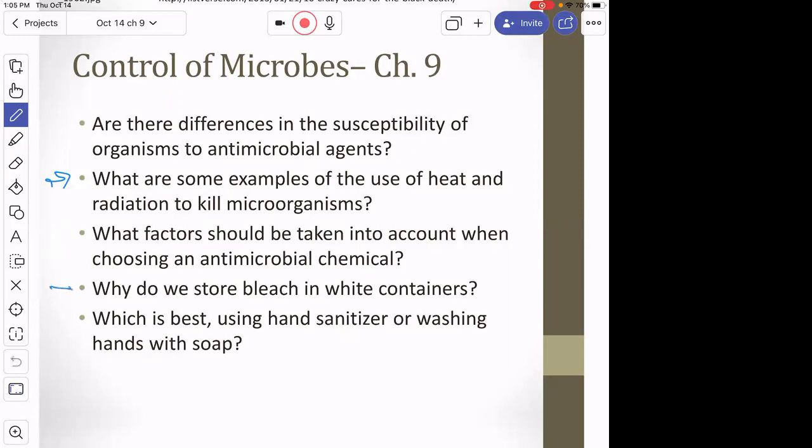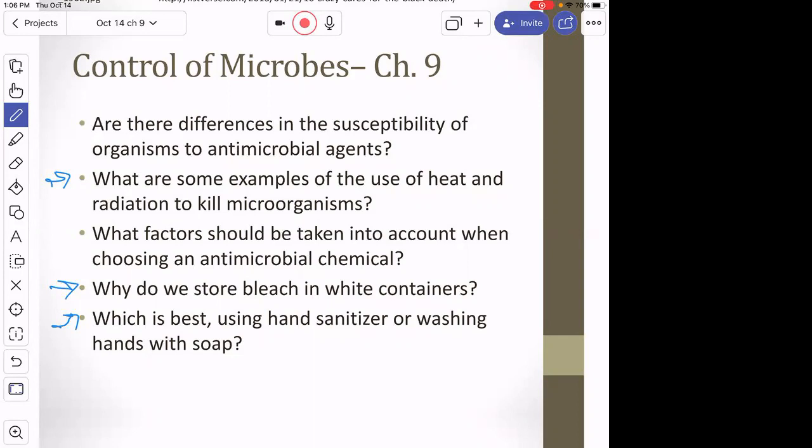And hopefully you'll learn some things even about cleaners that you've used for a long time, like why does bleach come in a white container. We're not going to go through how to wash your hands, but what are the advantages of hand washing versus using hand sanitizer? So hopefully things will be a little bit more familiar because they're terms that you've maybe dealt with.